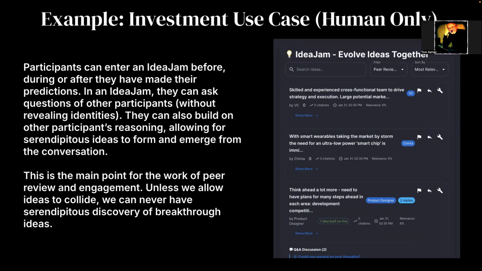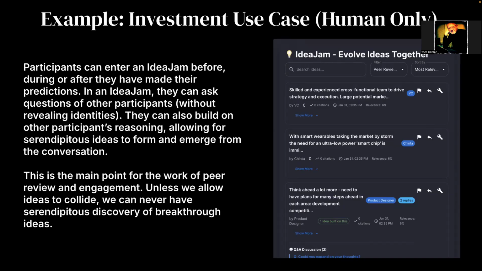There is also an ability to go and join in an idea jam. And this is where a participant can go and flag a piece of information as maybe misinformation. They can ask a question, say, what do you mean by this? And that will send a message to the participant and they'll get a reply. They can also hit that thing on the right, a wrench, and build on someone else's idea.